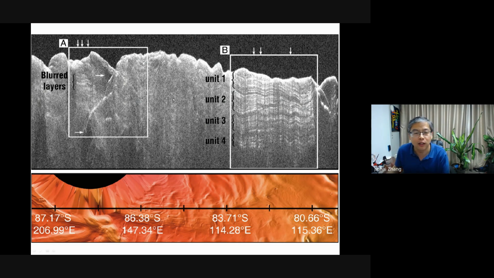When the satellite is flying over the ground, we can see far away, not just under the satellite. We can see a much wider range on the surface.